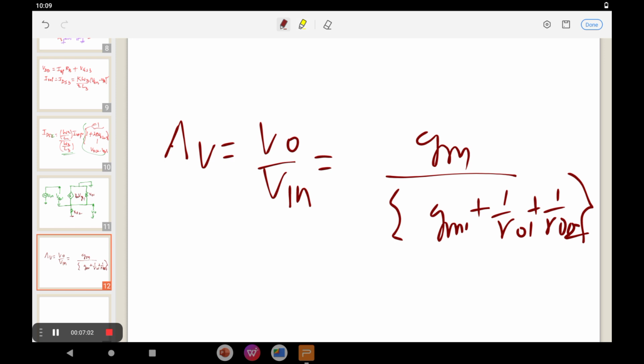Because R01 and R02 are high, it is approximately equal to 1 only. So this is the calculation for the voltage gain in the common drain amplifier with the help of a current mirror.